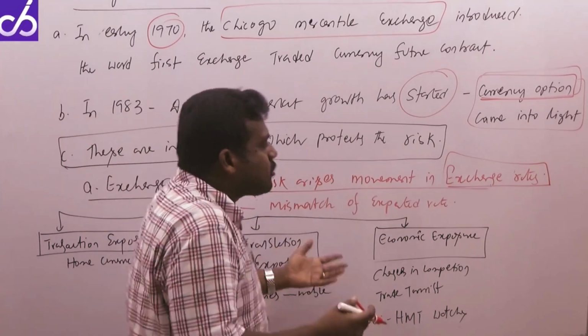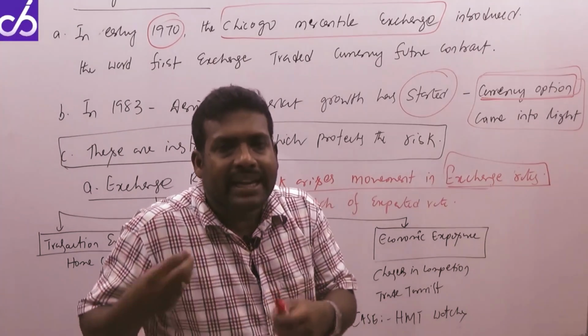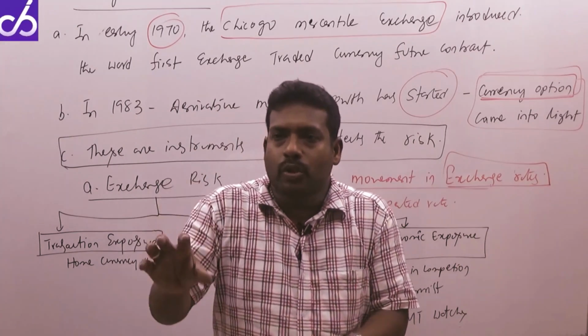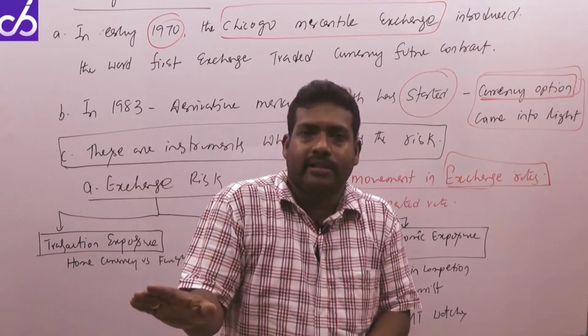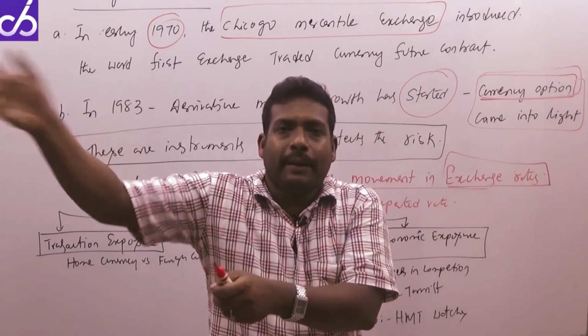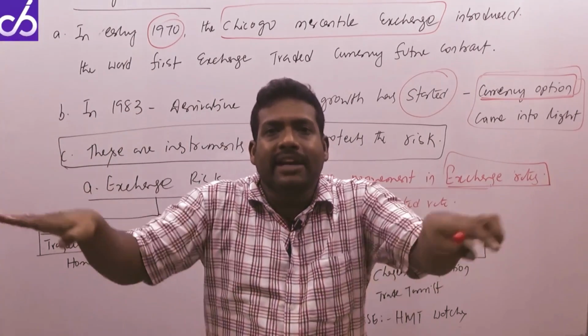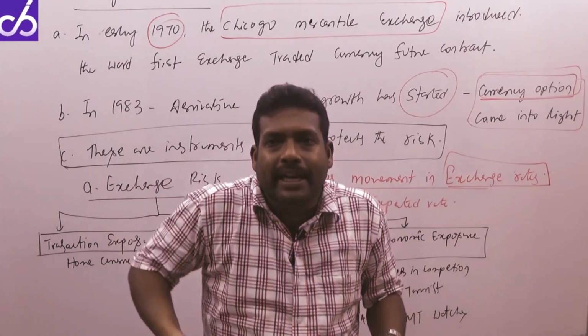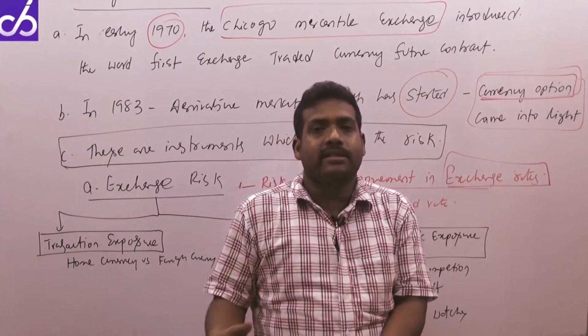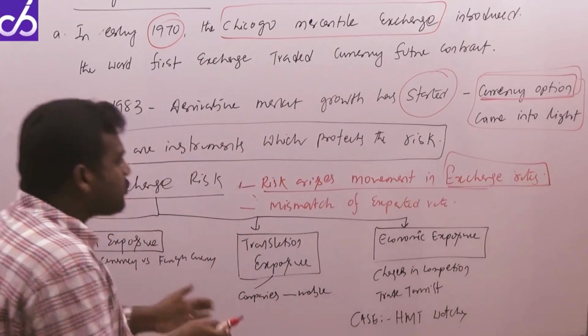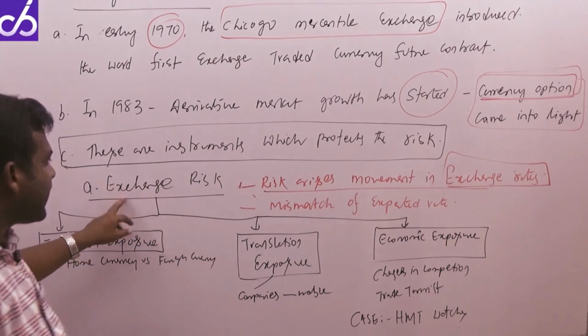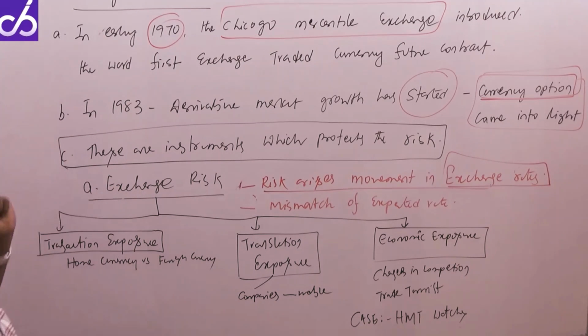This is a mismatch of the expected rate. While doing a transaction, you promise to sell a product at a given rate. You expect the same rate, but when it is actually undertaken, there would be a mismatch. What you expected and what you realized won't match. In that case, whatever risk happens is called exchange risk.